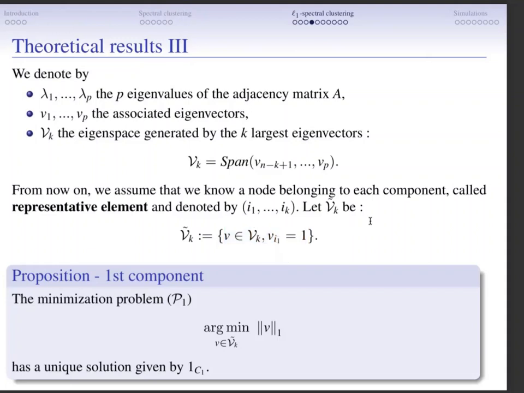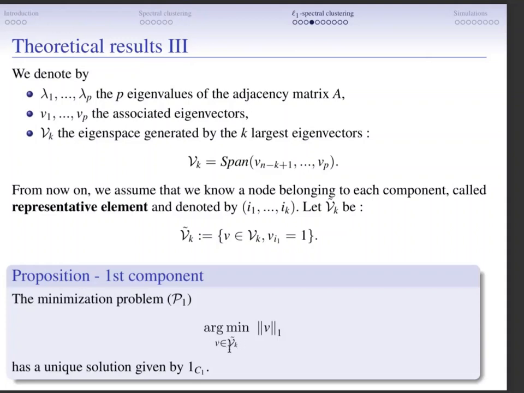These nodes will be called representative elements. Now it should be easier to solve this kind of problem because you have an L1 norm penalization, but you still have some problem because this space of constraints is not so easy to understand.